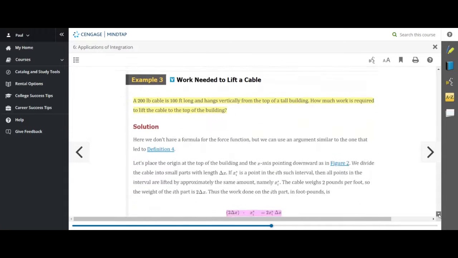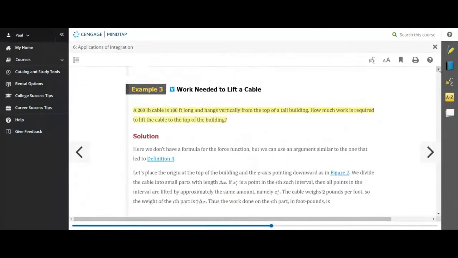Now, what I want to do, look at the example here, and give me just one moment. Okay, thank you. I'm back.